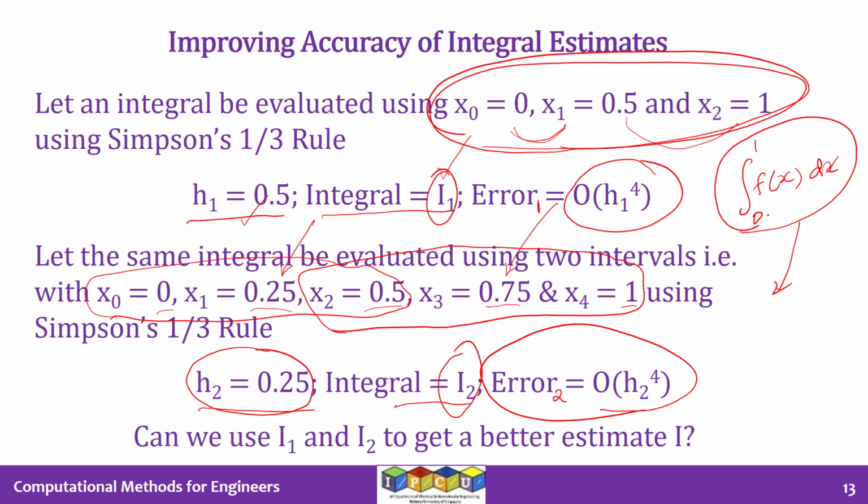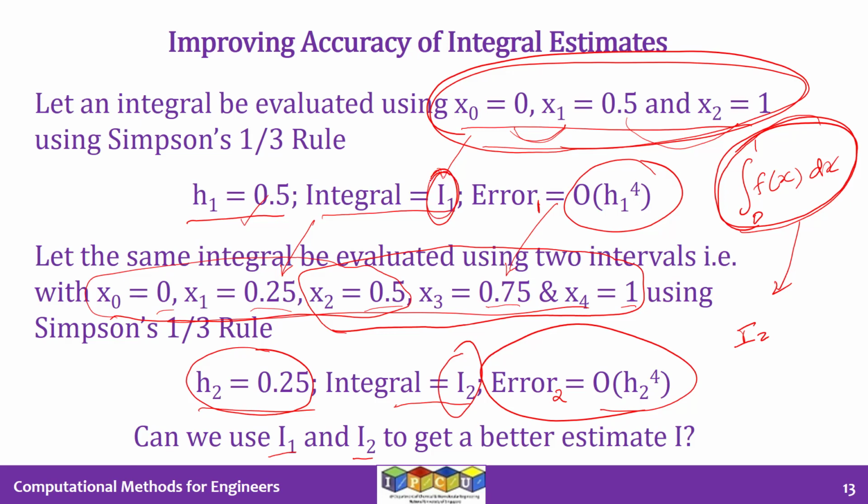You are having the benefit of 5 data points in the second case. In the first case, you have the benefit of only 3 data points. So with more data points, of course, your accuracy level improves. So I2 is more accurate than I1. Now the question is, can we use I1 and I2 to get a better estimate of the integral? Because we are after this integral. I'm solving this problem once with h equal to 0.5 and I'm getting a value I1.